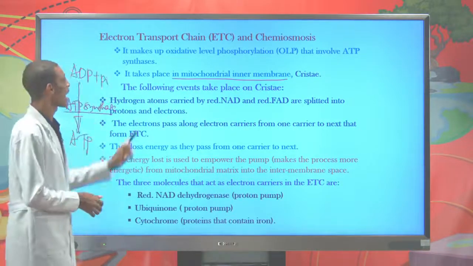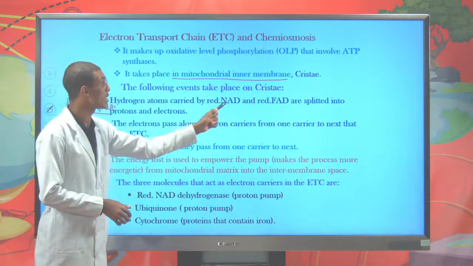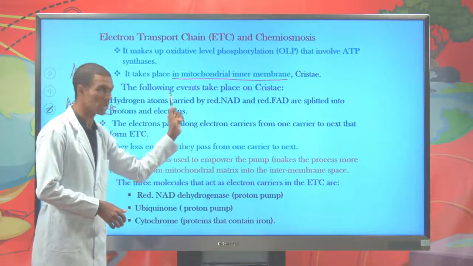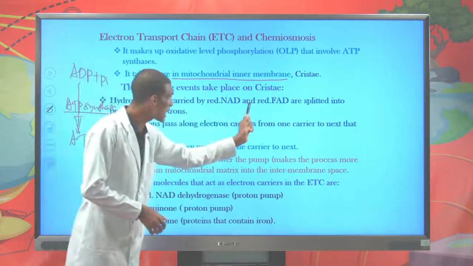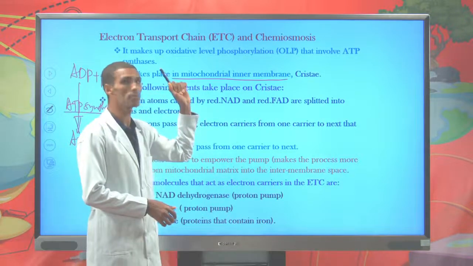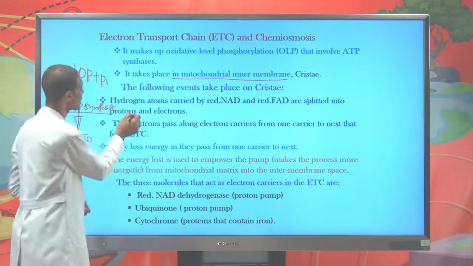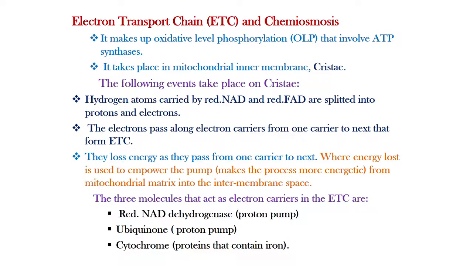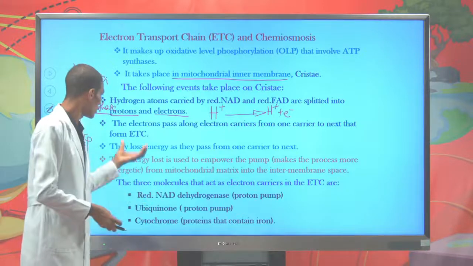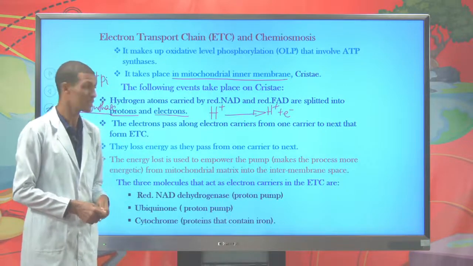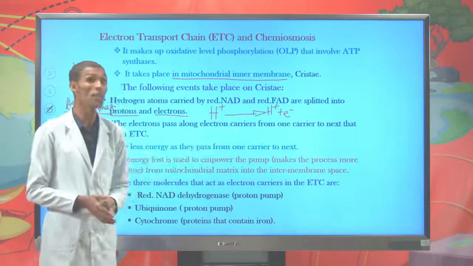Here, hydrogen atoms carried by reduced NAD from Krebs cycle, and again carried by reduced FAD from Krebs cycle, split into electrons, where the electrons can pass from one carrier to another, which we call electron transport chain, making the system efficient.